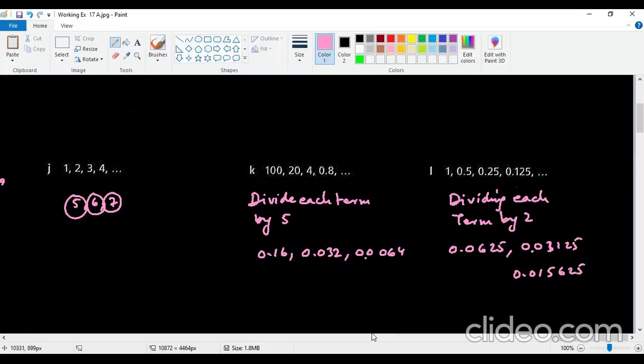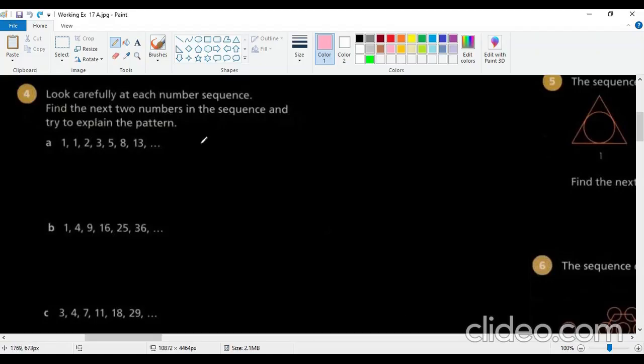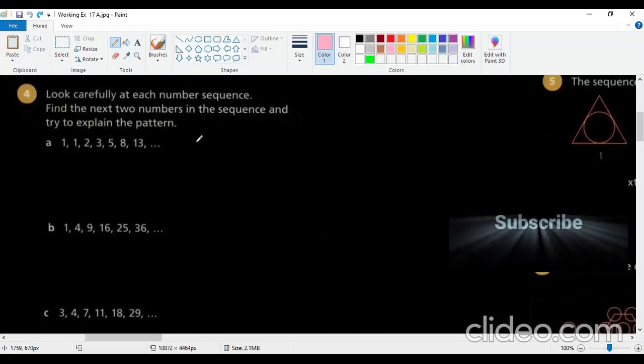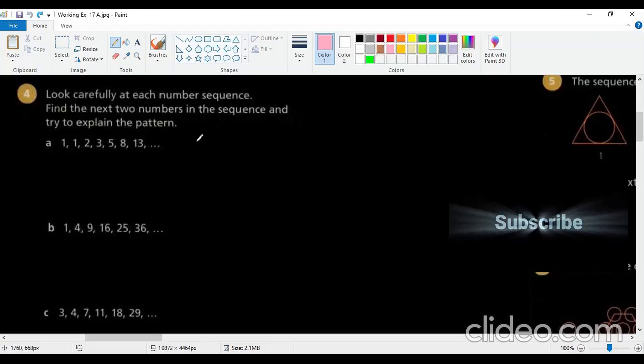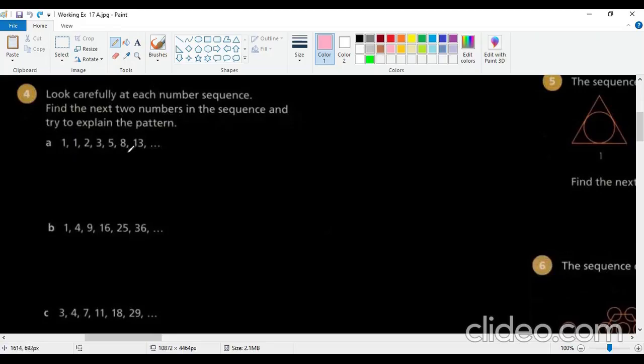Now moving on to question number 4. Now, the question number 4 says, look carefully at each number sequence, find the next two terms in the sequence, and try to explain the pattern. Now, in the first one, I can see here it is 1, 1, 2, 3, 5, 8, 13.